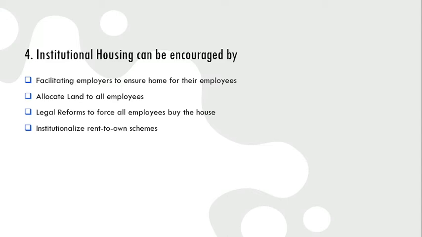Then allocation of land to all employees indirectly refers to something like cooperative housing, where the land is allocated and developed. It can be plotted development also. So allocation of land to all employees is not actually increasing institutional housing. It might otherwise develop some kind of plotted housing or group housing. So it is not institutional housing.